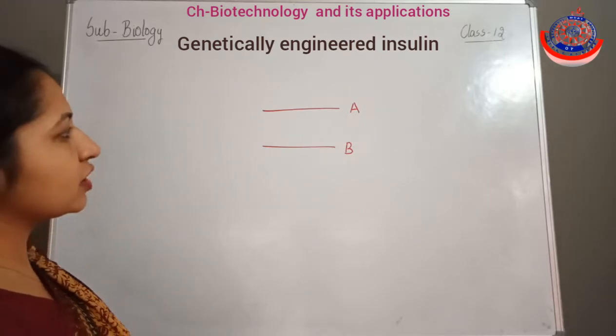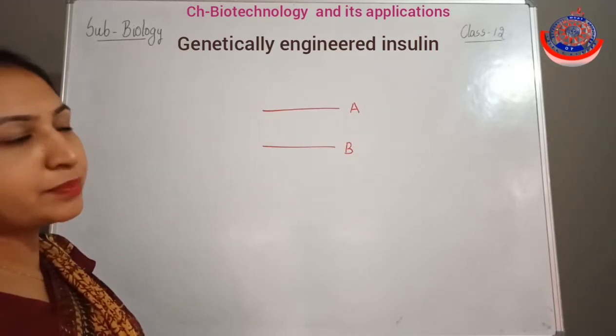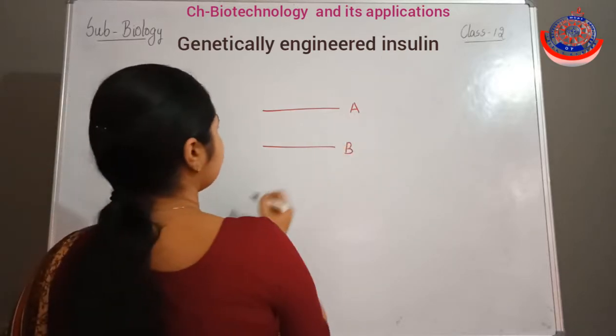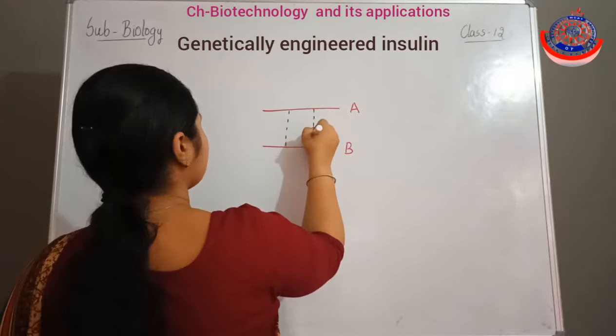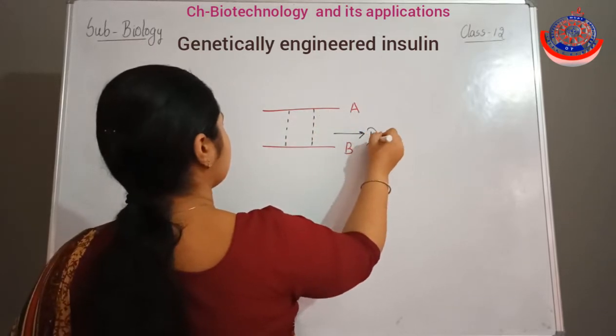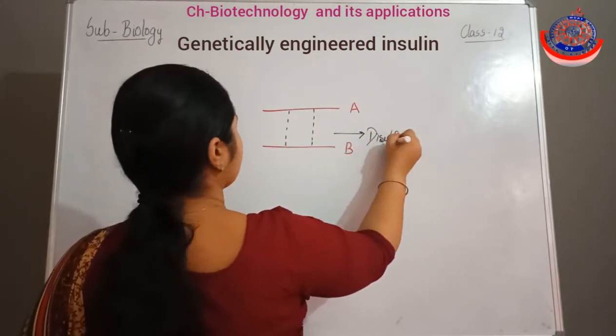In the mature insulin, two chains are present, A and B, and these are linked by disulfide linkages.